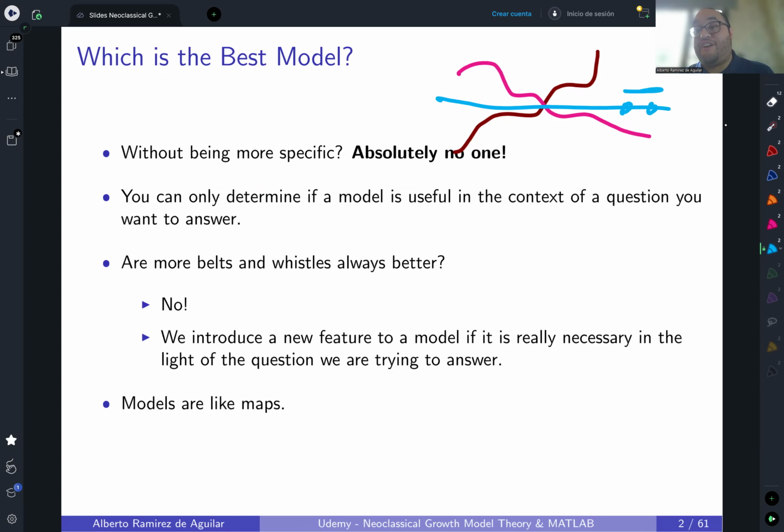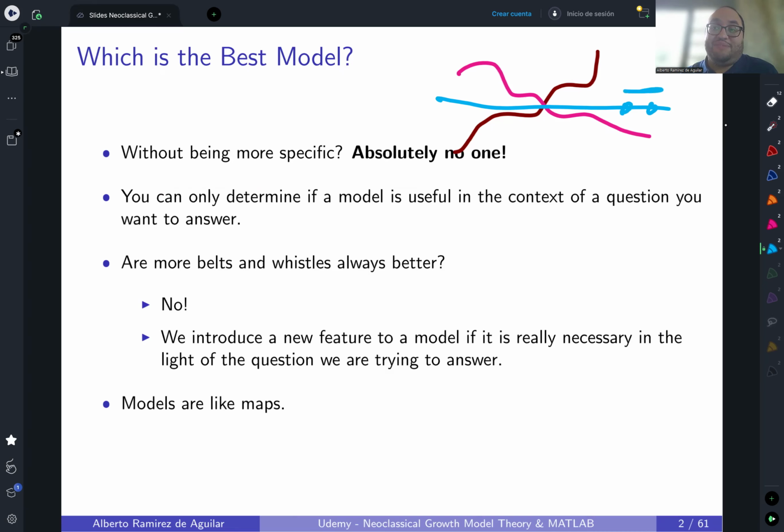So a very unfair critique of the subway map would be, well, the subway map is not useful because it doesn't tell me where my favorite restaurant is. Well, you shouldn't be using the subway map to find your favorite restaurant. So the problem is not in the map. The problem is in the user that wants to use the map for a reason it's not built for. Well, the same is true with models.